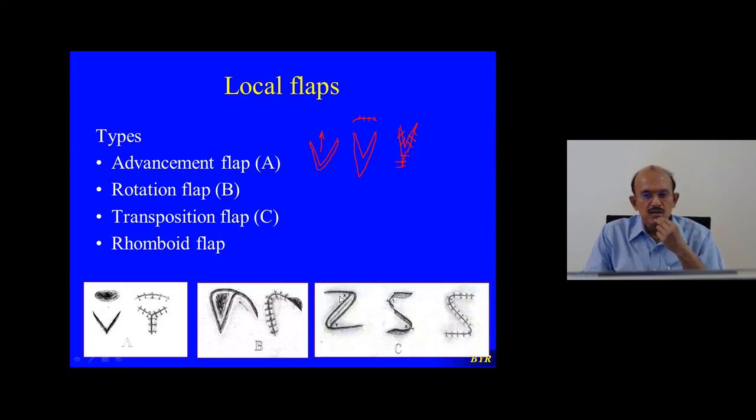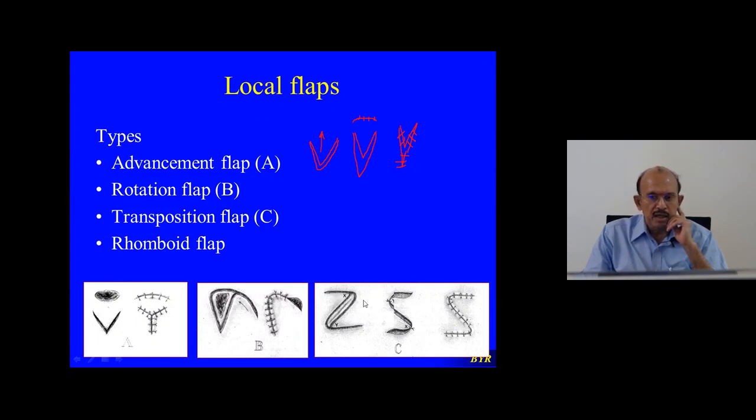Then this is called the transposition flap. This example is called the Z-plasty. First you make the incision. This is the scar tissue. You want to take away the scar tissue. So you do this procedure called Z-plasty, where you take two triangular flaps on either side, and this end is brought here, this end is brought here.